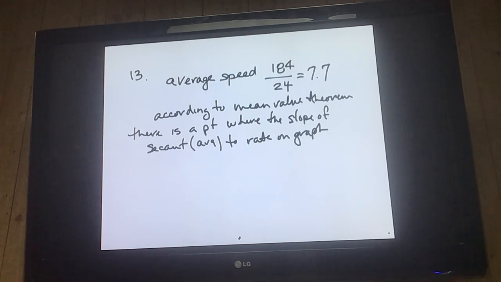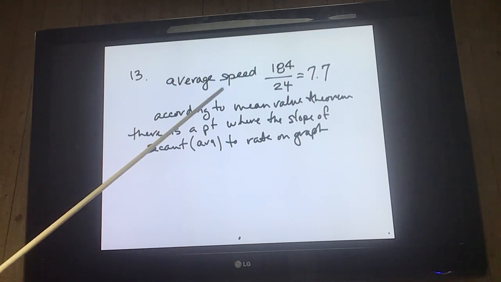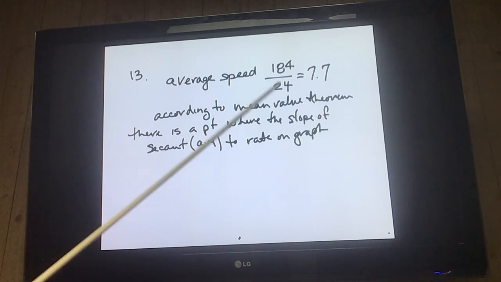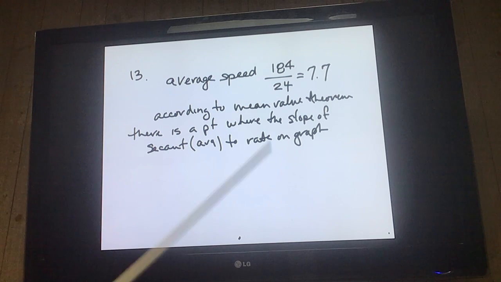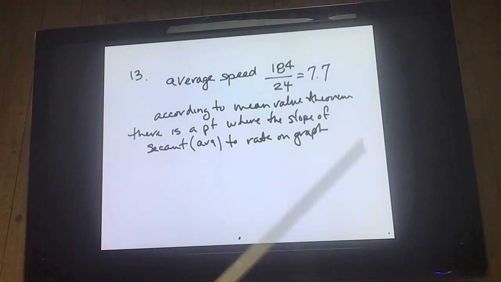Number 13, they asked about the average speed of this boat. They asked if the speed of the boat would be over 7.5 nautical miles per hour. So first of all, we find the average speed. 184 nautical miles over 24 hours, we get 7.7 nautical miles per hour.